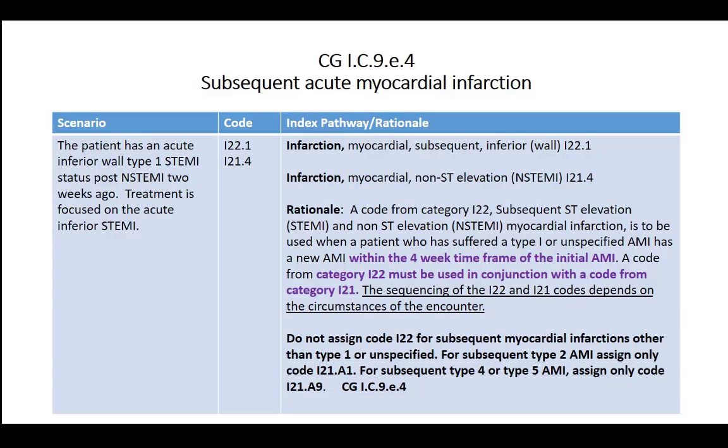We're going to sequence our code so that the subsequent infarction is first, the I-22 code, and then the initial or NSTEMI code is also there. It tells us that the sequencing of the I-22 and I-21 codes depends on the circumstances, and in our particular case, the scenario tells us the treatment's focused on the acute inferior STEMI.